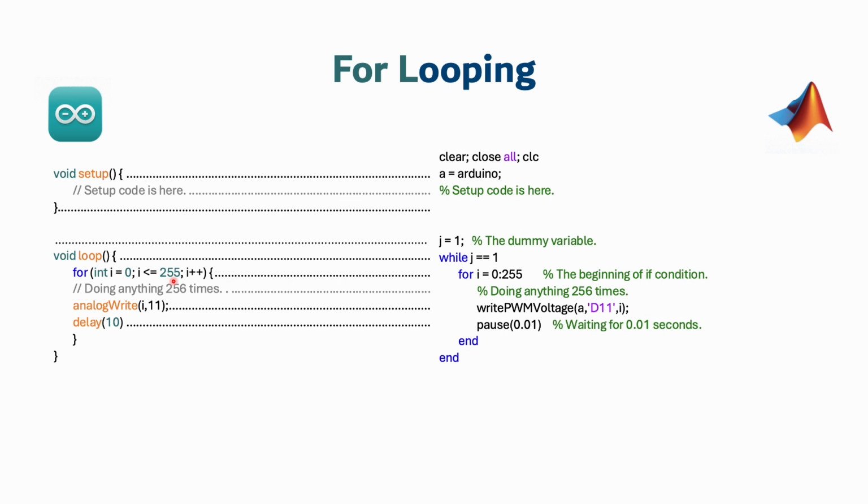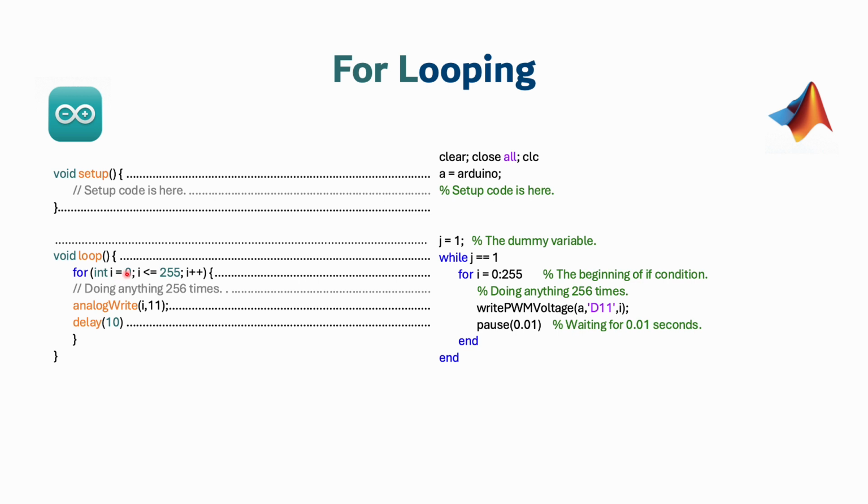It is an 8 bit converter. 2 to the power of 8 is 256, but since we always start counting from 0, it ends at 255. i++ means that the value of i is increased by 1 every time we have completed one single loop.